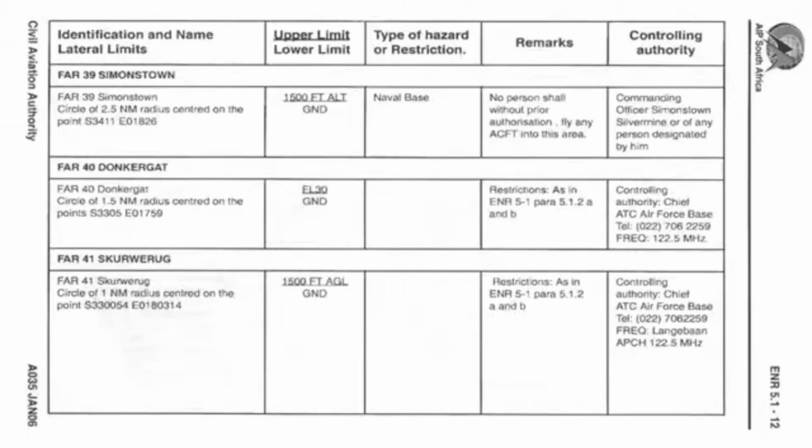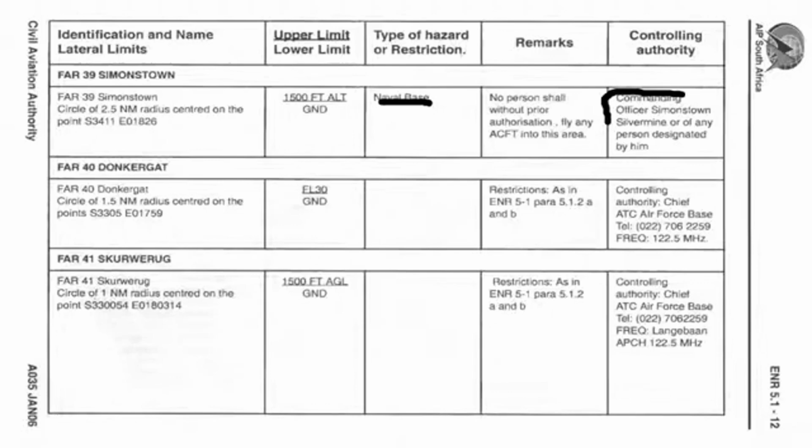All right. This explains in detail again the FAR 39. It's giving you information. It tells you in this case it's a naval base, and that again, no person shall, without prior authorization, fly aircraft into this area. So the difference between the previous slide with the FAP and the FAR is it says you can get permission to fly here, but in order to do so, you have to contact the commanding officer in Simonstown, Silvermine, or any person designated by him.